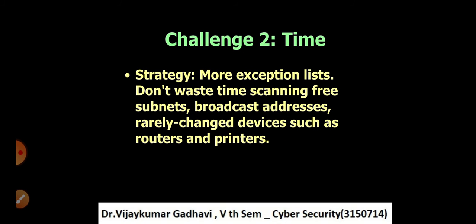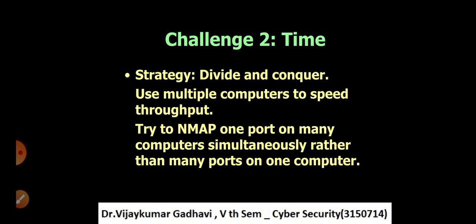Then challenge 2 is time. Use a more exception list. Don't waste time scanning free subnets, broadcast addresses, and rarely changing devices such as routers and printers. Then divide and conquer. Use multiple computers to spread output. Try to Nmap one port on many computers simultaneously rather than many ports on one computer.